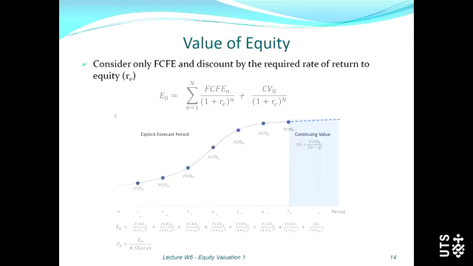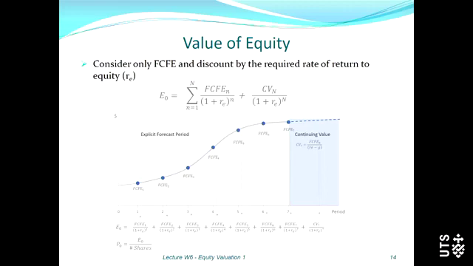We can skip that. So summing up the whole DCF valuation model, we have two options. One is to calculate the value of equity straight away using our cash flows to equity. We call that E, the value of equity in today's money.